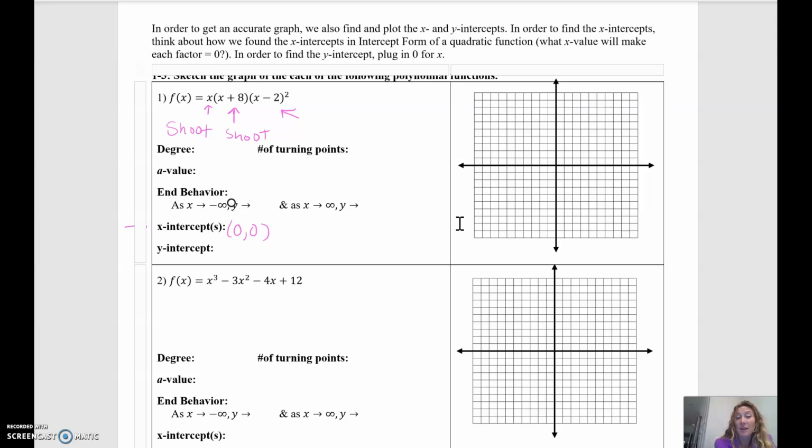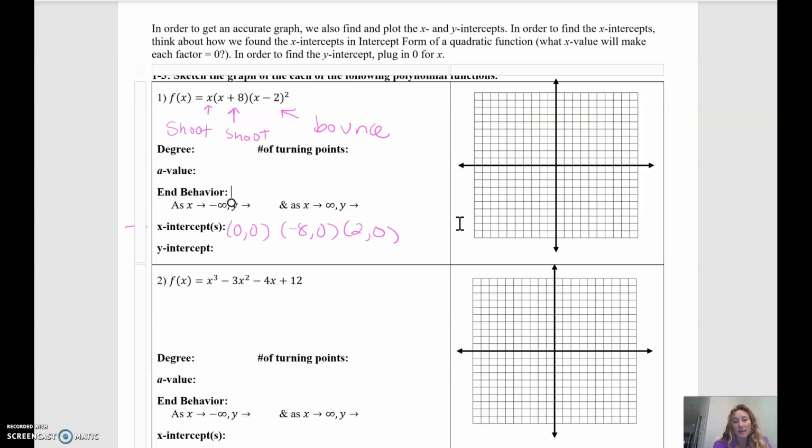So what shape is that going to make? A bounce. And so I'm going to have my other x-intercept at, okay, x plus 8 equals 0, negative 8 plus 8 equals 0, so x is negative 8. And then this last one, x minus 2, so that's going to be 2 minus 2 is equal to 0. Because remember, we're trying to get 0 inside the parentheses.